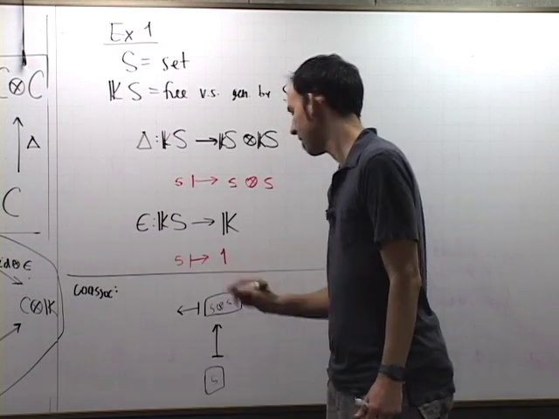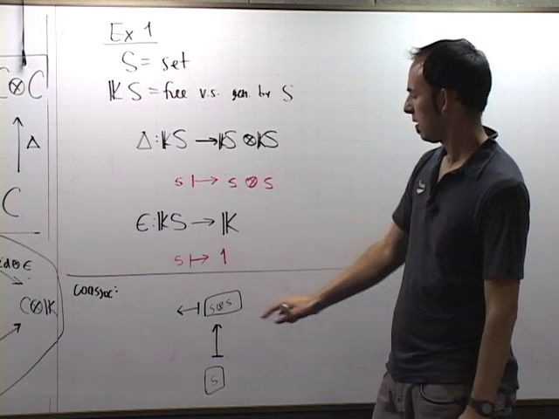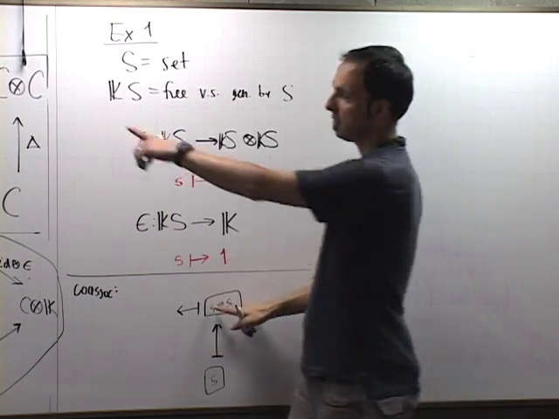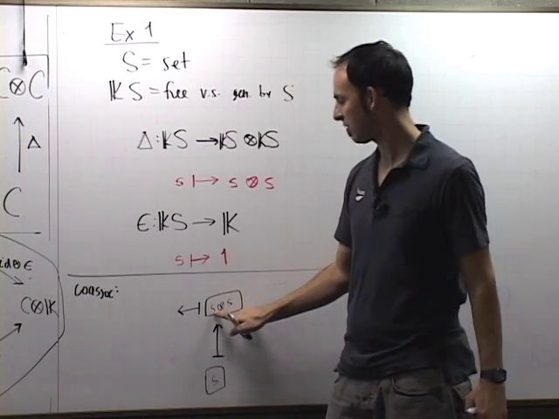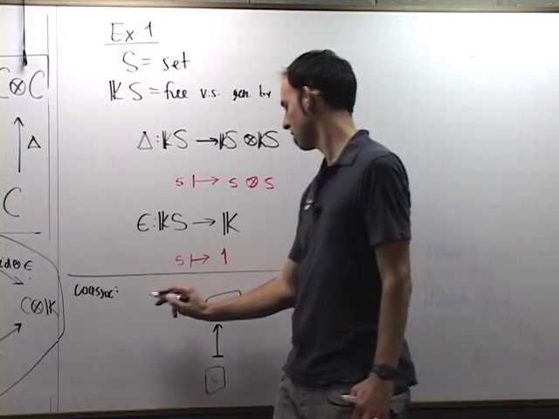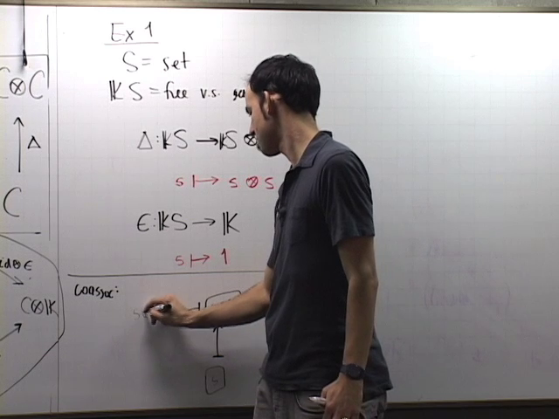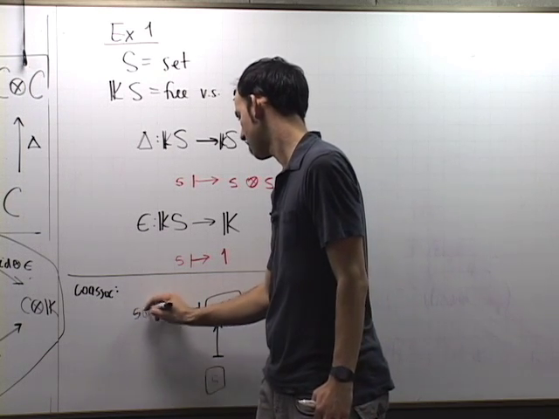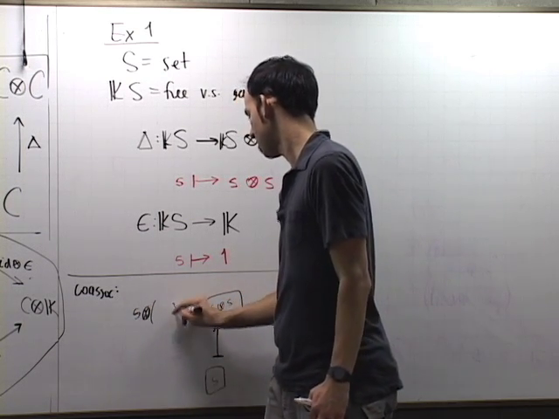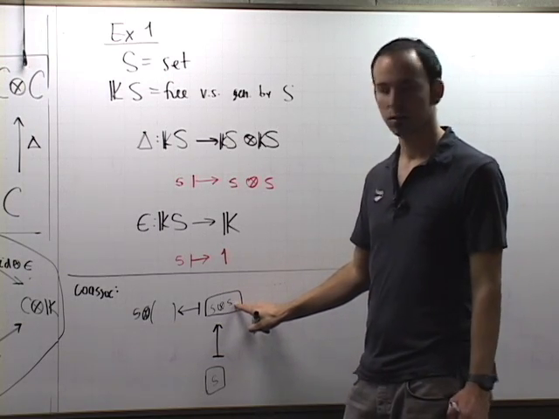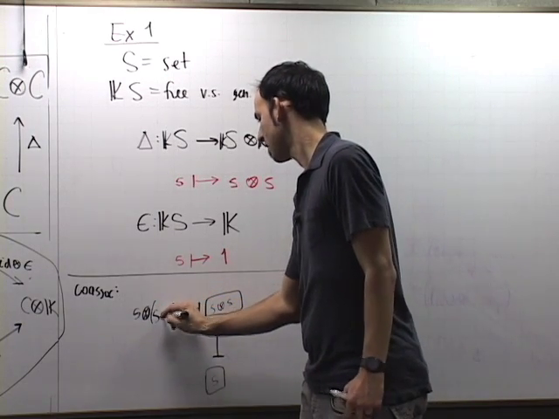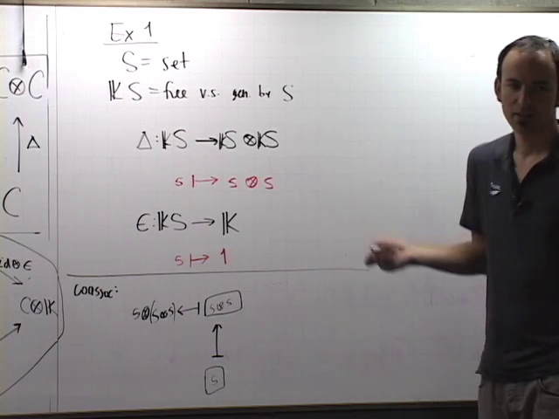And I map it to the left. So what does that do? It takes the first copy and leaves it alone, S tensor, and it applies delta to the second copy, S tensor S. And this looks like it's going to work.